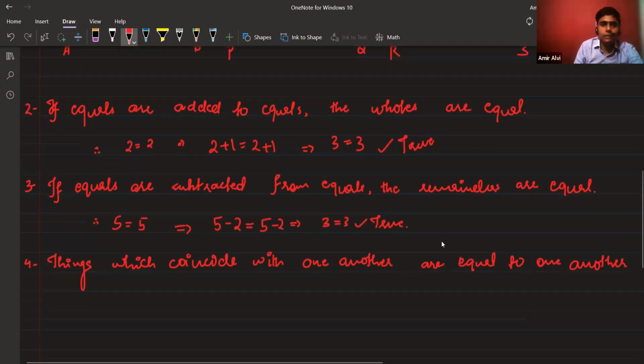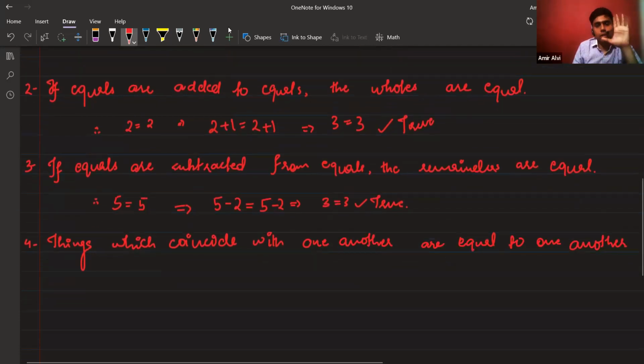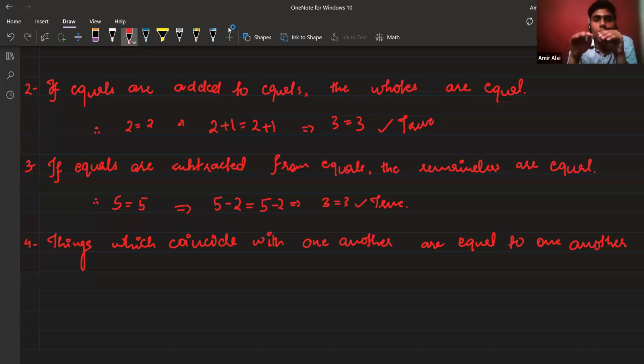Now, Simrat, tell me, if I place my hand like this, are you able to see my back hand, the second hand? No. Which means that they are coinciding. Coinciding means completely covering each other.